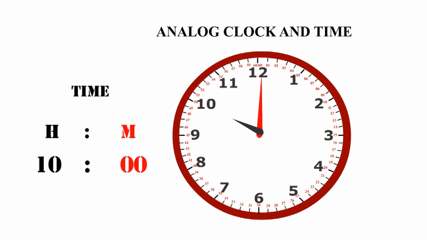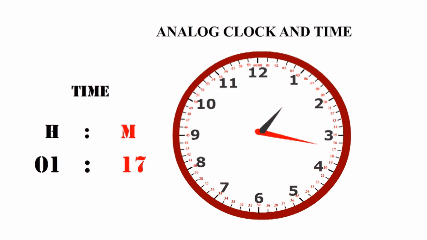So whatever red number the long hand is pointing at is the minute, and whatever black number the short hand is pointing at is the hour. For example, both short and long hands are pointing at 12 here, so it's 12 o'clock. Note, always consider the hour first before the minute. The hour should come first, then the minute second.